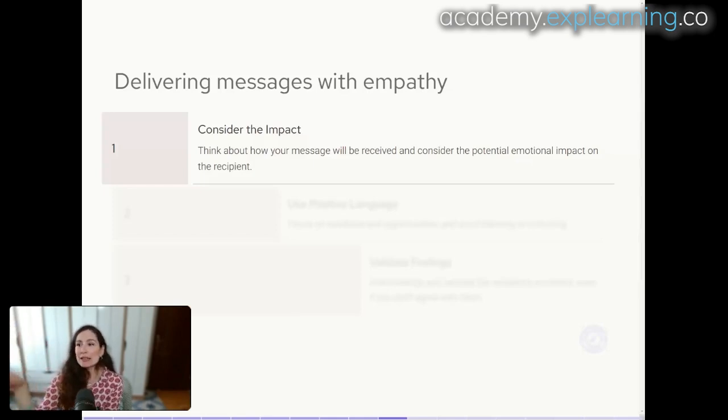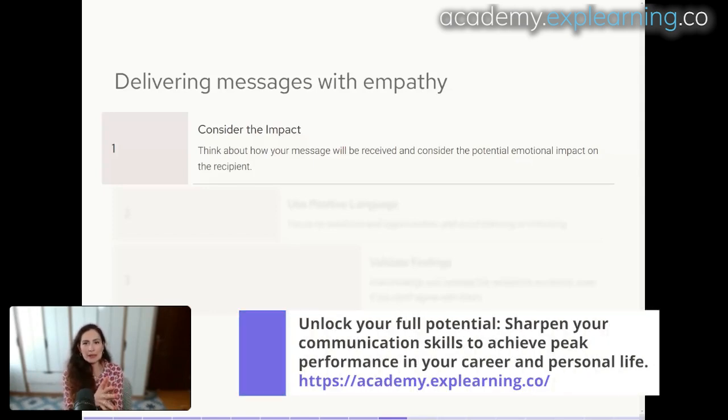And when I say audience, I don't necessarily mean a whole room full of people. I mean the one person you're communicating with, the one person who's on the other side of that email. Who is that person? Get inside their headspace to the best of your ability. And then think about, how are they going to receive this message? How are they going to read this email? What are they going to glean from it?